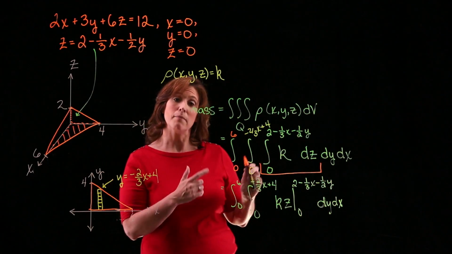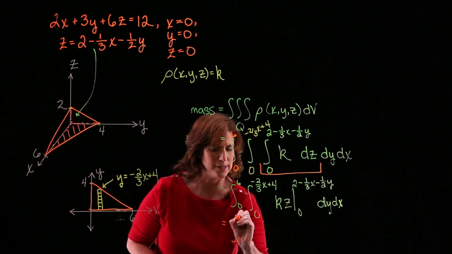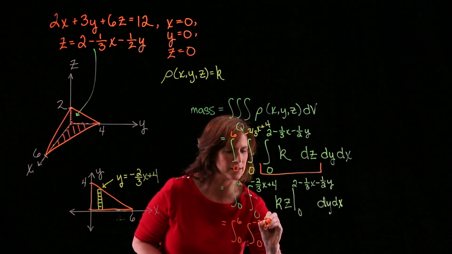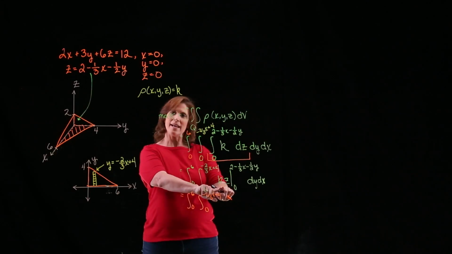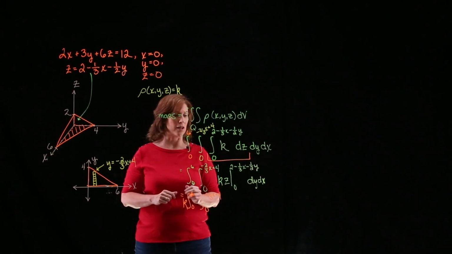Okay, now I need to plug in my upper and lower limits of integration. So I have the integral from 0 to 6, the integral from 0 to minus 2/3 x plus 4, and, actually, you know that k is a constant. I can pull that right out of the entire integral because it's a constant.